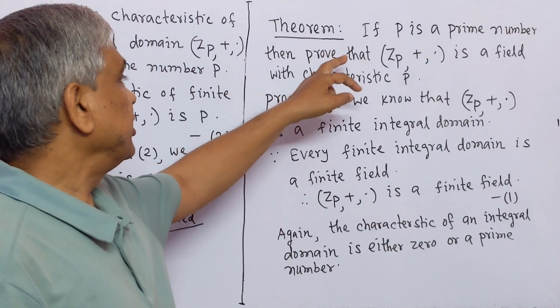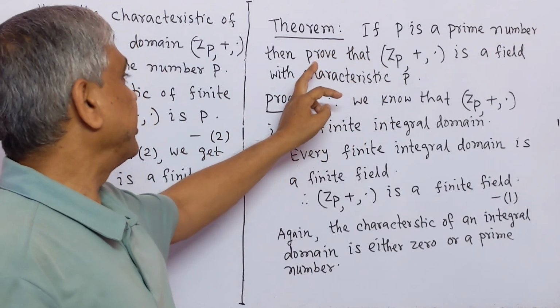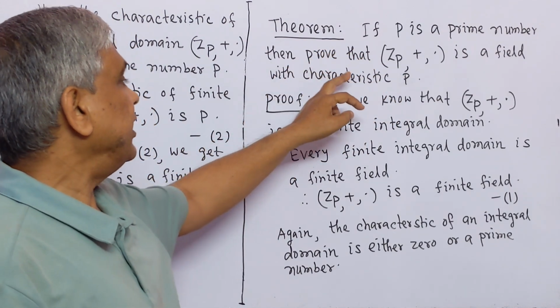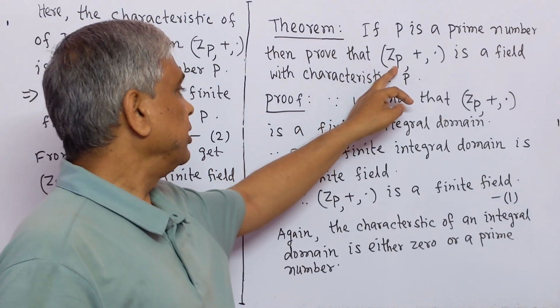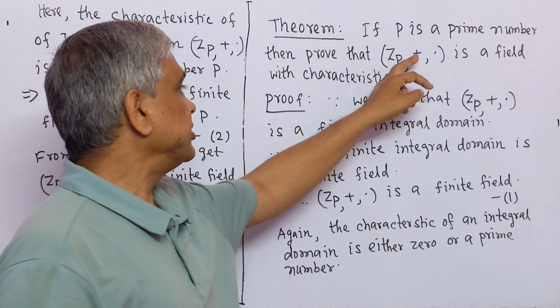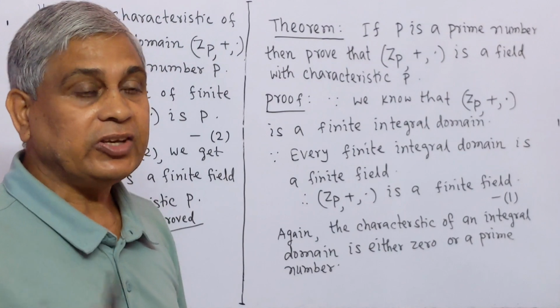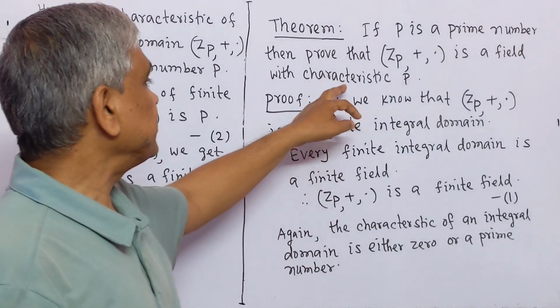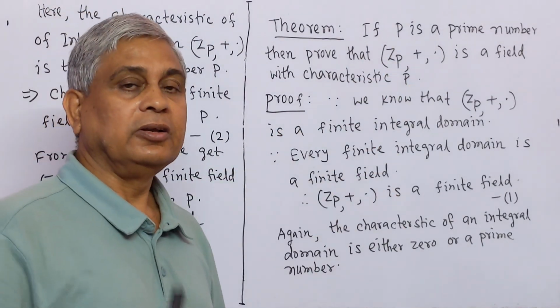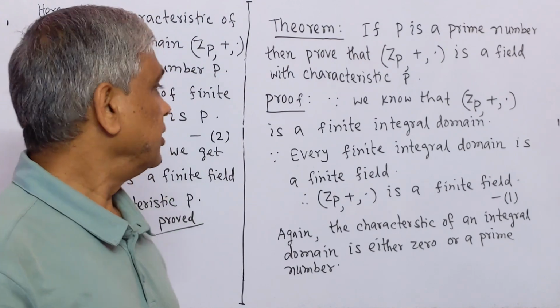Now we prove the next theorem. If p is a prime number, then prove that Zp with binary composition, addition and multiplication is a field with characteristic p. Now we prove this.